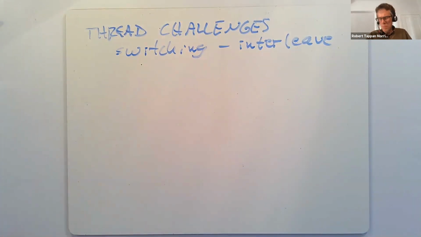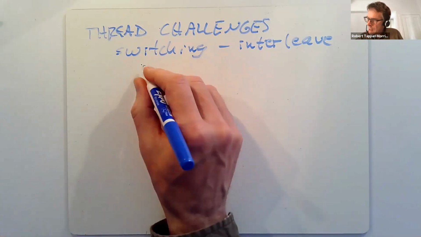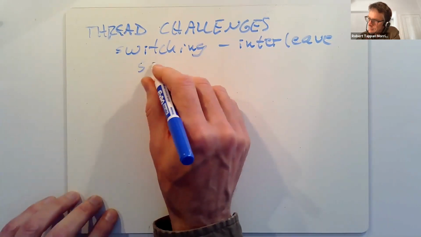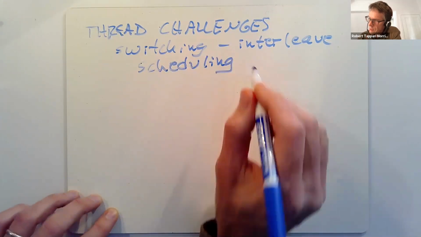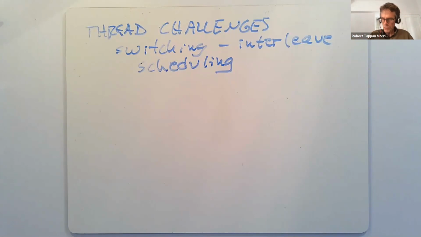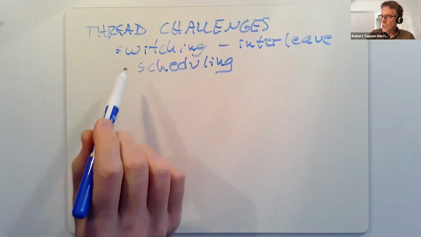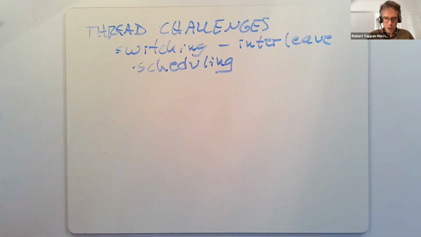This broad process of switching, deciding I'm going to leave off one thread and start executing another thread, is often called scheduling. And we'll see that XV6 indeed has an actual piece of code that's the scheduler. Indeed, it has multiple schedulers, one per core. But the general idea of how you drive the decision to switch from one to another, how to pick the next thread to run, is called scheduling.